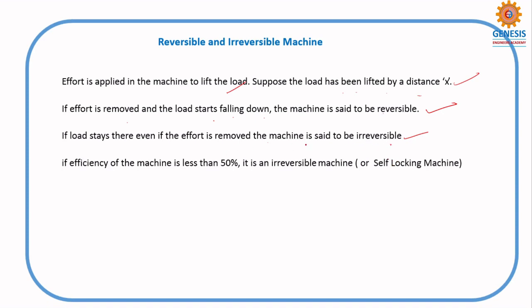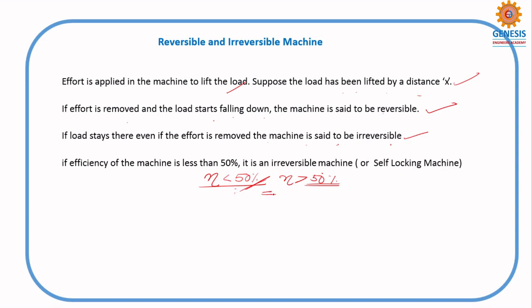In irreversible cases, the efficiency is always less than 50%. If the efficiency is greater than 50%, then we can say it is reversible. So for the machine to be self-locking, your efficiency must be lesser than 50%.